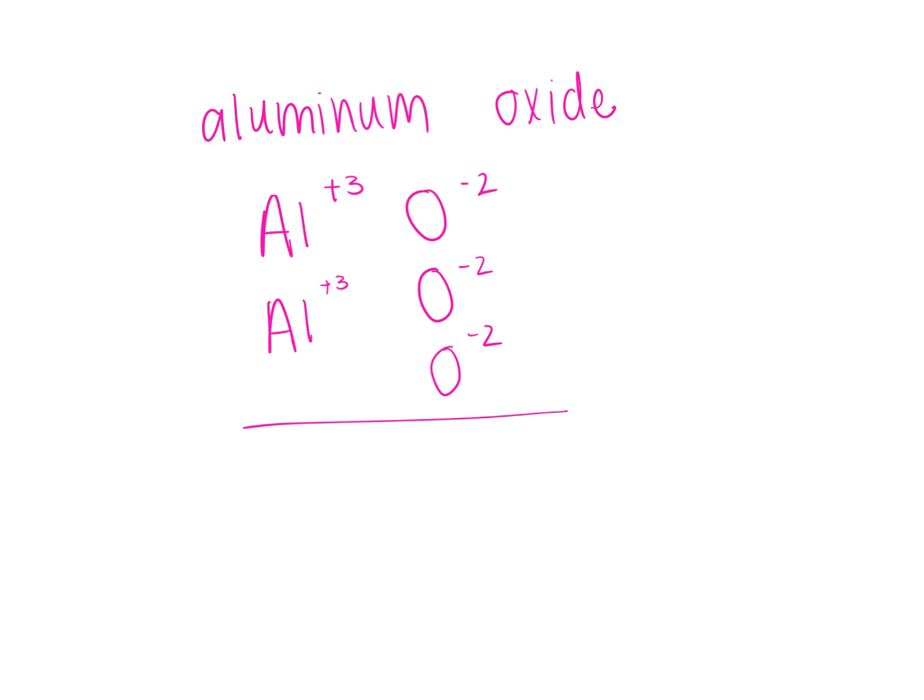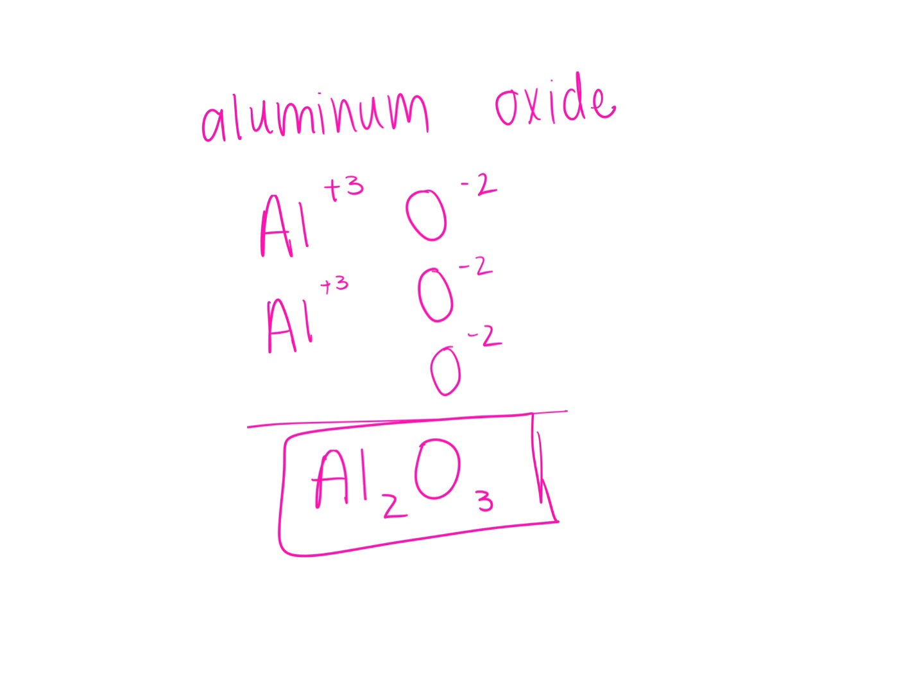Well, I'm not going to put any charges in my final formula, right? Final chemical formula gets no charges. I just know that I used 2 aluminums, and how many oxides did I use? 3, right? And so that's my final formula. It's so important that we don't include any charges in our final formula at all. None. No charges in our final formula. Okay?